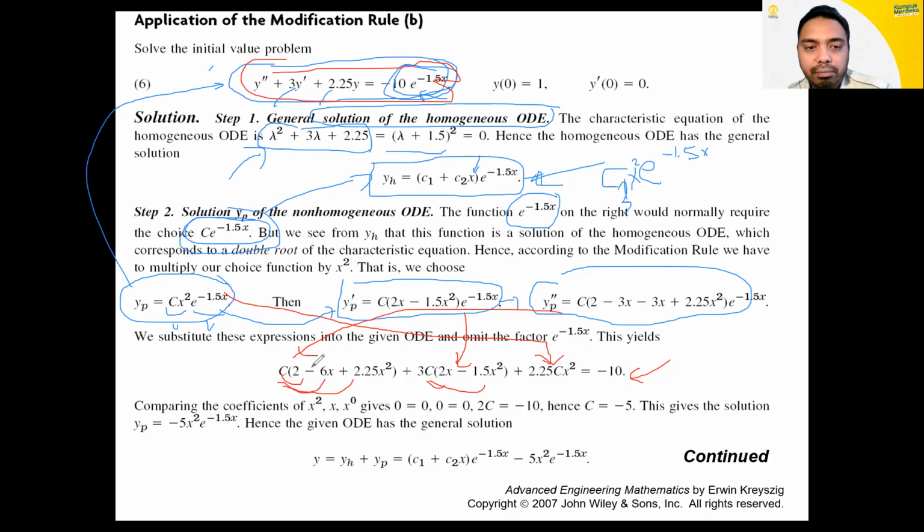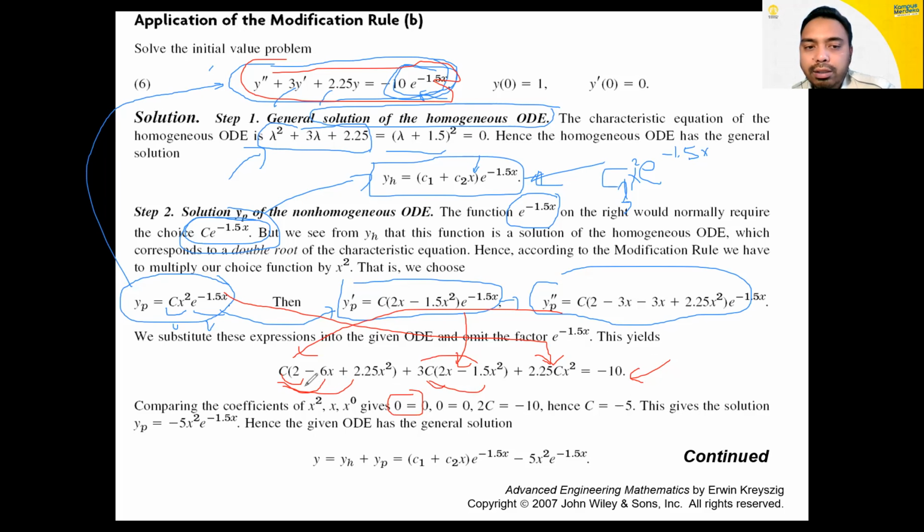Any question? Okay. So over here you have 2.25c, and then negative 3 times 1.5, and then plus 2.25c will be the x squared term, and those give 0, and the right side is also 0. For the coefficient of x, you have minus 6c, and over here you have 6c, so they become 0, and the right side is also 0.